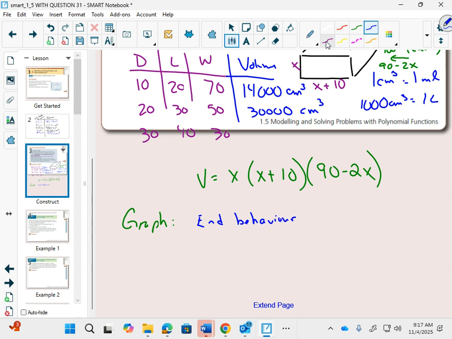Do you see that if you took an x times another x times a minus 2x and you multiplied it out, you would have a minus 2x cubed, and your leading coefficient is negative and your highest degree is odd. So we know that our end behavior acts like a line with a negative slope. There's my end behavior.